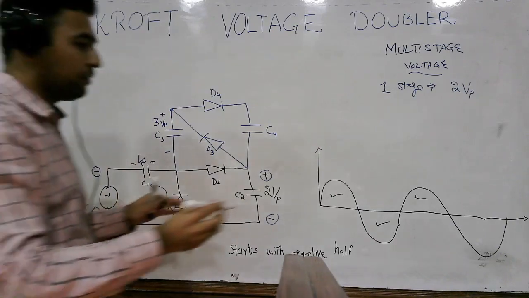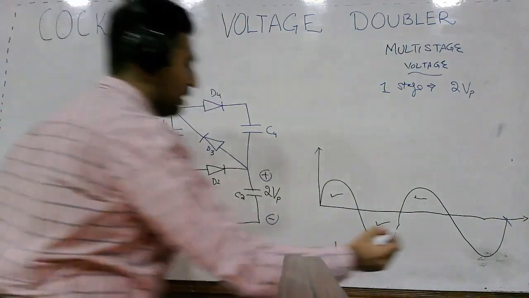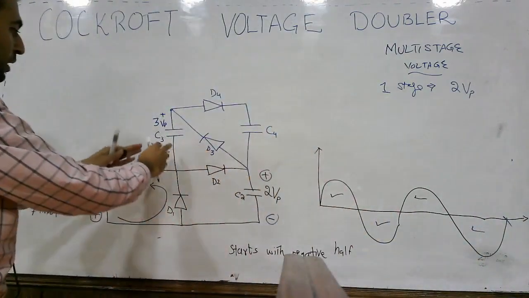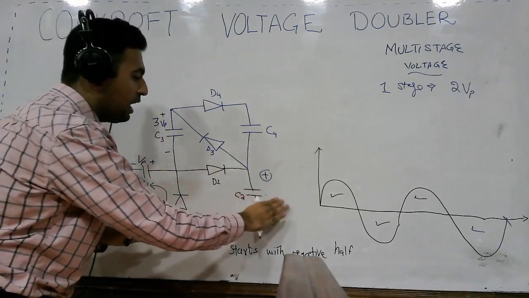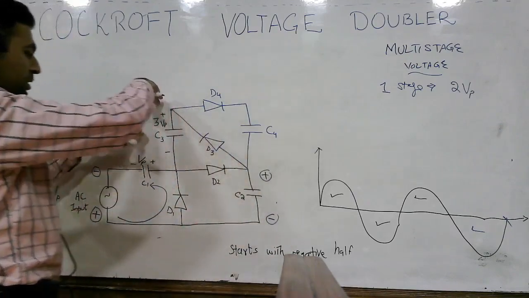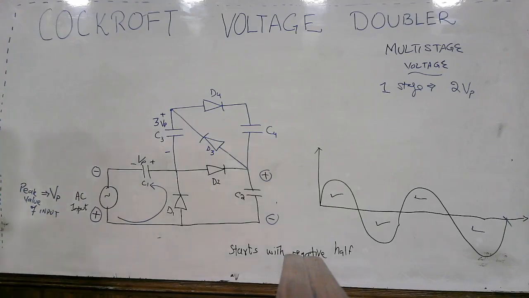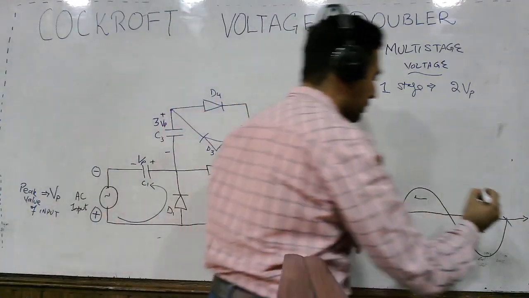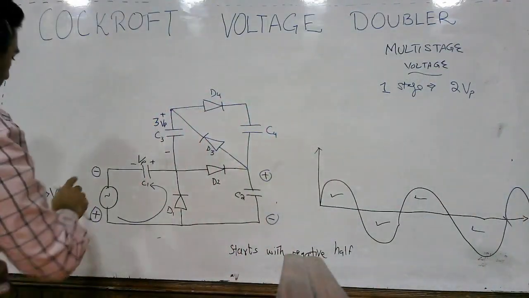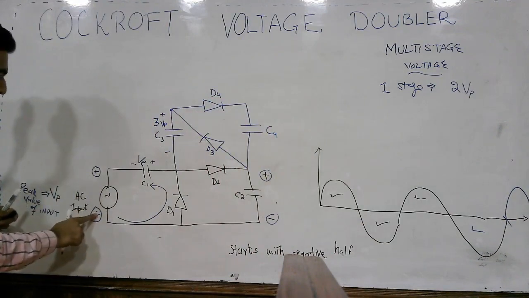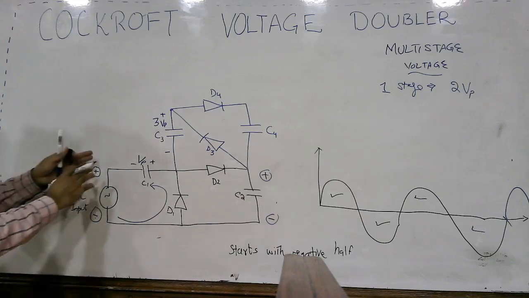At the end of this negative half, what has happened? The capacitor C3 is charged to 3 Vp. Capacitor C2 has now been discharged into capacitor C3, and capacitor C1 is having the positive charge. Now when the next positive half comes in, what happens now?